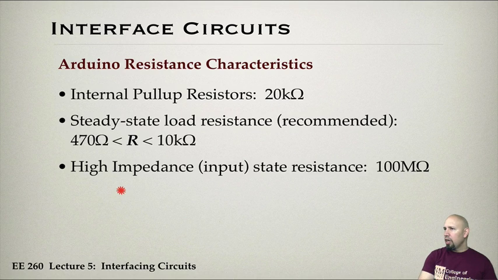So here we have a very high input state resistance, 100 megaohms. That's really good. If, for example, on an analog input, you hook an analog circuit up to this, then it will not do much loading. That's a really good characteristic that they have built into the Arduino.